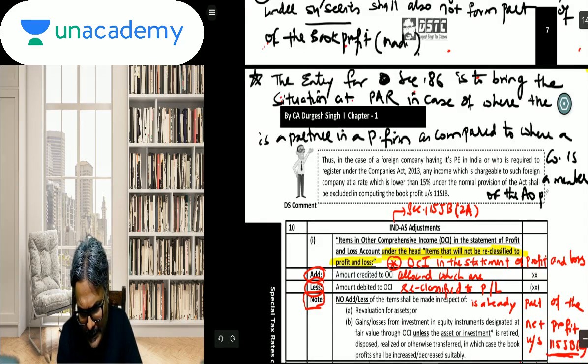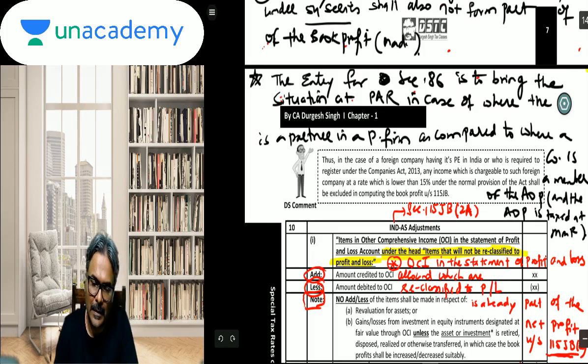In the bracket you can write: and the AOP is taxed at MMR.